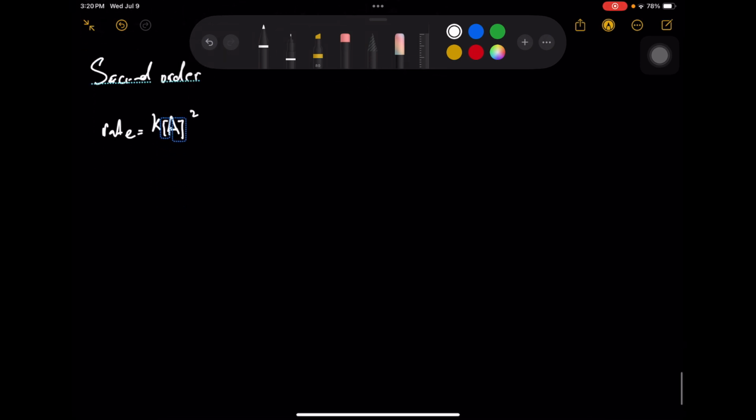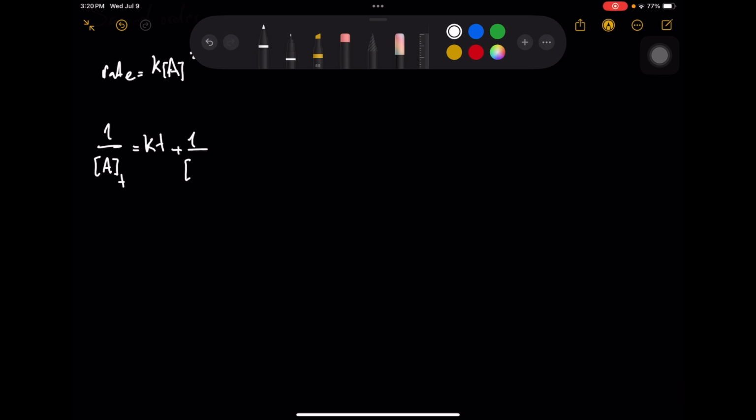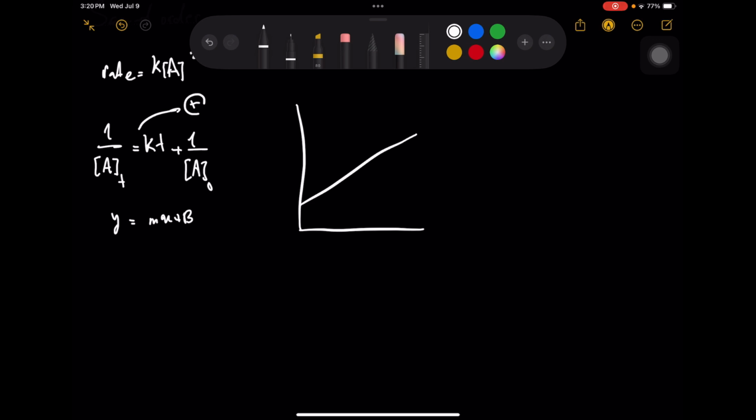It would be just 1 over the concentration of A at t equals kt plus 1 over the concentration of A 0. Again, it's just like that, mx plus b. However, notice that we have a positive slope here, so our graph would look something like this. This is our intercept, which is 1 over A 0, and this is our slope.